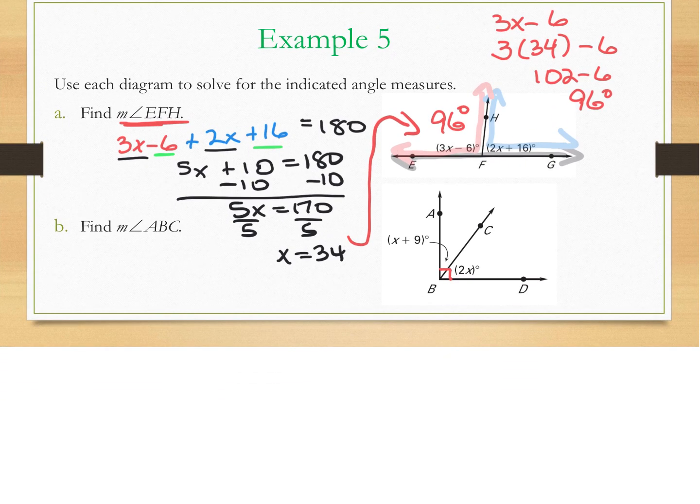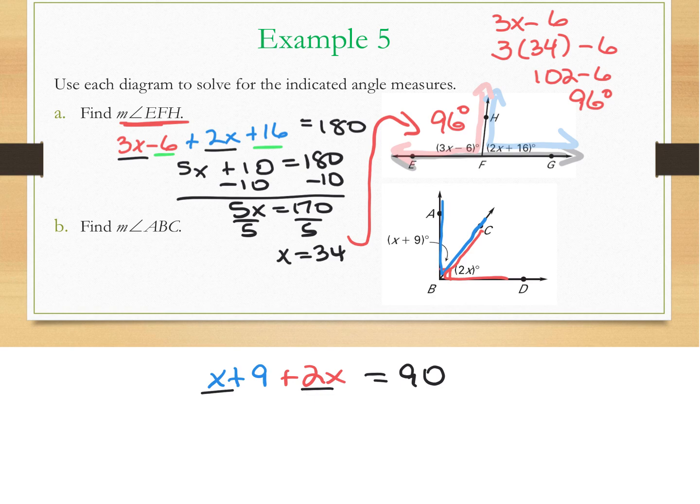And then the last example, notice the little box here indicating that these are complements. So I'm going to take ABC, x plus 9, and I'm going to add that to CBD, which is 2x, and I'm going to set them equal to 90 degrees. Once I find that, I'm going to plug it back in to find ABC.